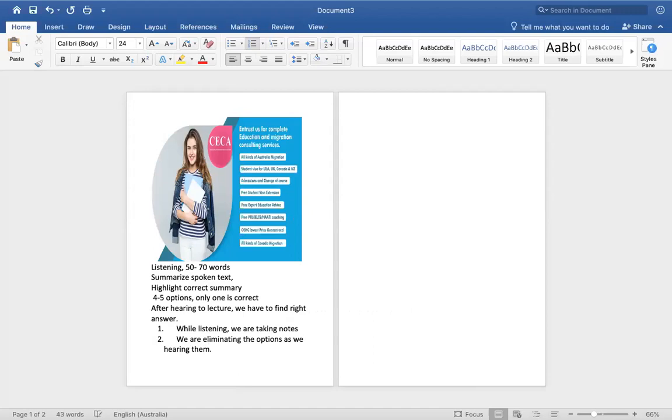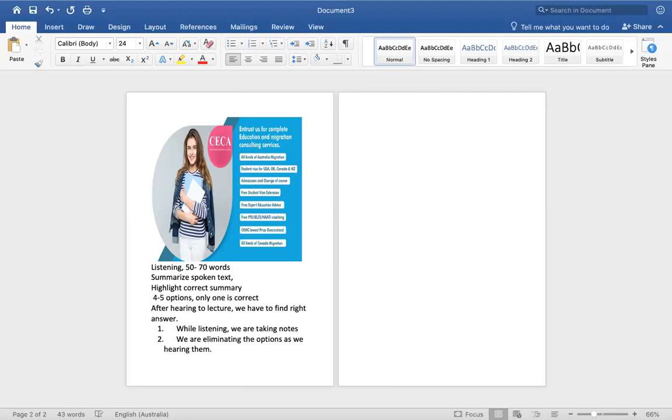One, as I told you, you are just listening to the lecture and taking notes, and when you are done hearing the whole lecture, with the help of the notes you go to the 4 to 5 options given and find which option is closely related to the notes I have taken, right? So that's how you can pick up the right answer here.